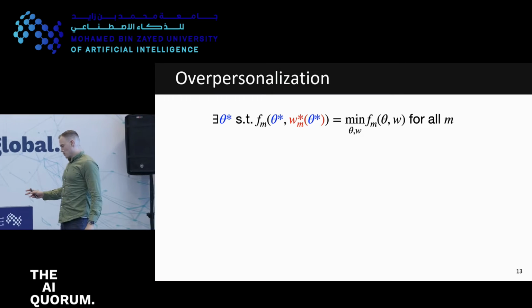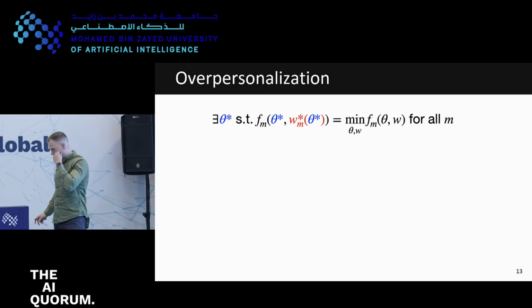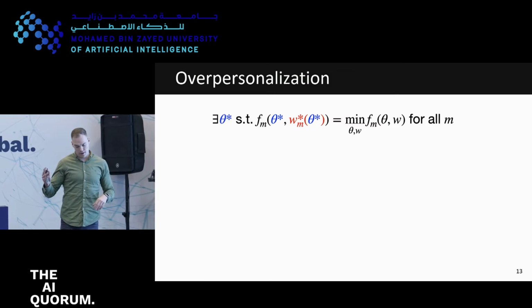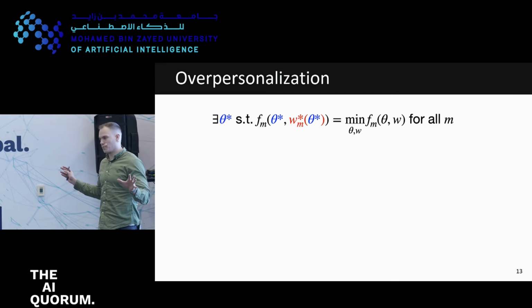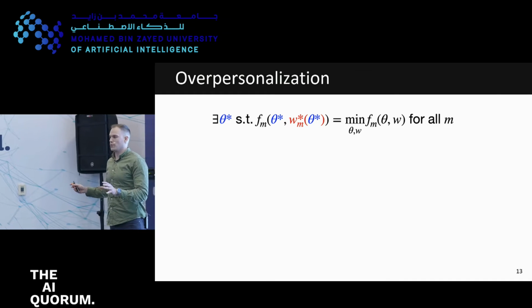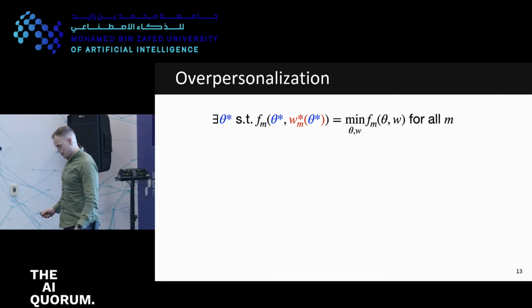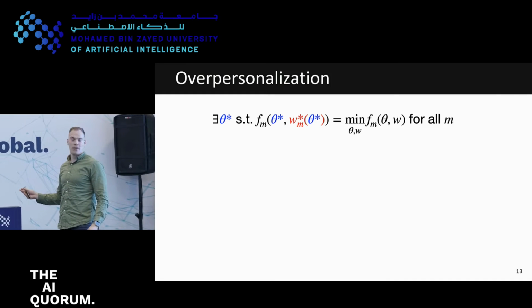First, the motivation. For general or centralized machine learning, we know that over-parameterization can help us quite a bit.